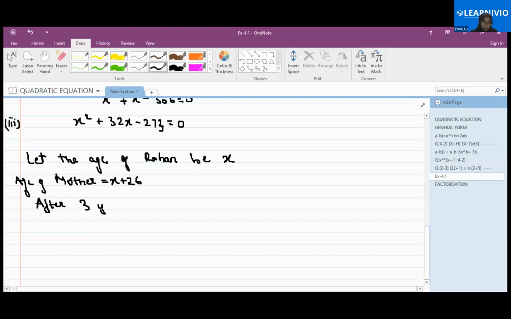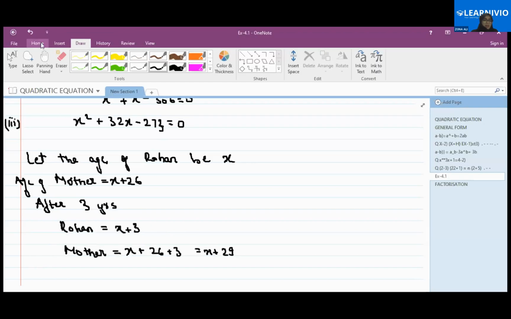After 3 years, Rohan's age will be x plus 3, and the mother's age will be x plus 29, that is x plus 26 plus 3.